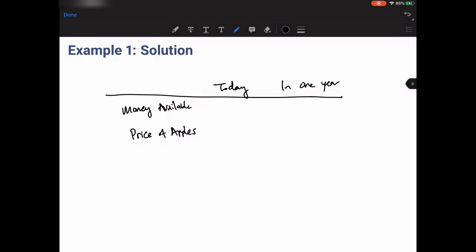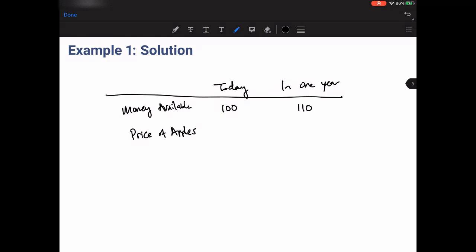So if I hold on to cash today and deposit it in the bank account to earn interest of 10%, so that's my next best investment alternative, then I can get $110 for investing $100.